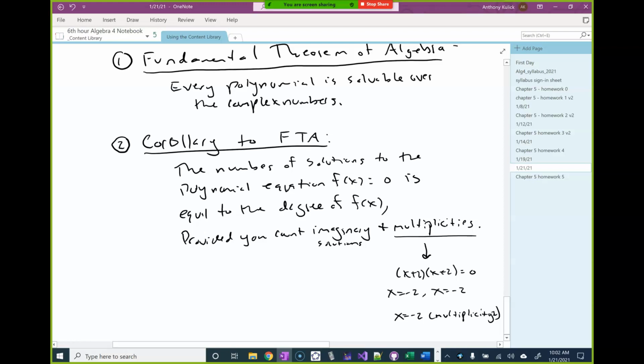The next one is called the factor remainder theorem, and this is what we took advantage of in last night's homework when we used synthetic division to do the factoring.